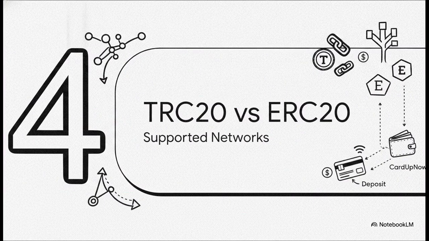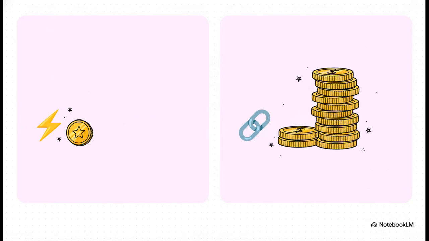Part 4. TRC20 versus ERC20 networks. This is a really important technical distinction you need to make when you deposit. CardUpNow supports 2 major blockchain networks for USDT. First, we have TRC20, which operates on the Tron network. This is generally the most commonly used option because it features really fast confirmation times and incredibly low network fees, often way less than $1.